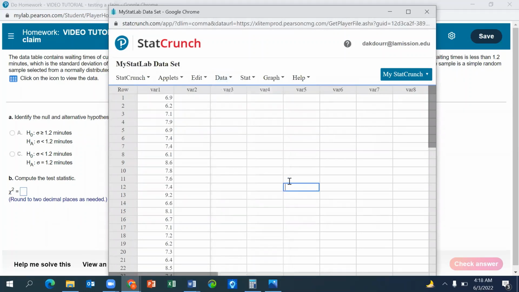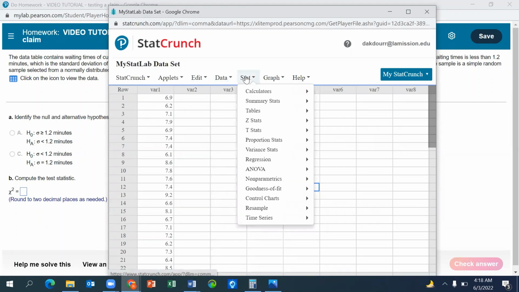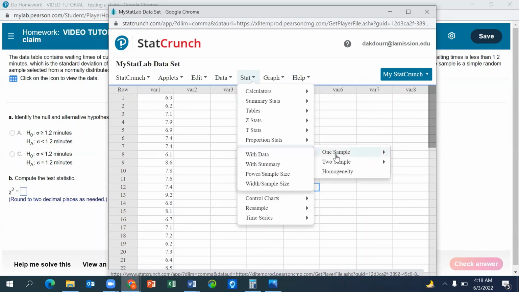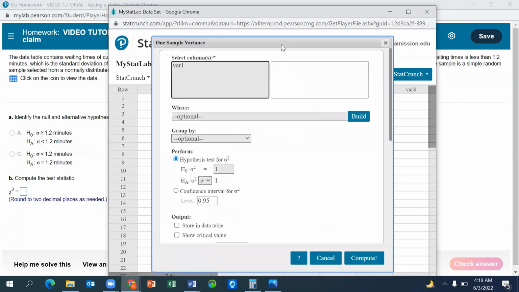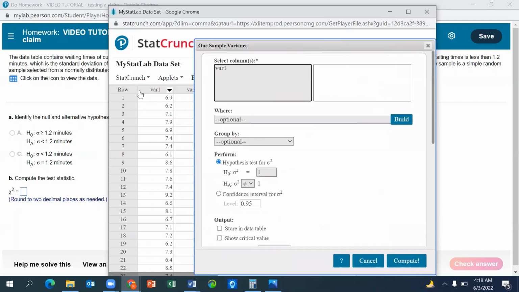Okay, and now we need to find the test statistic. So to find the test statistic for standard deviation, you go to stat, you go to variance stats. Variance stats is used for standard deviation or for variance. Since we have one sample, we click on one sample, and we have the actual data. The data is in var1, so you have to select it.